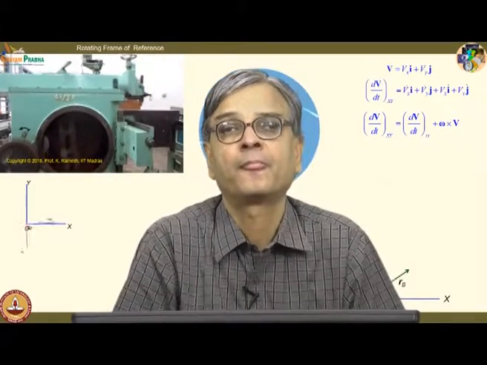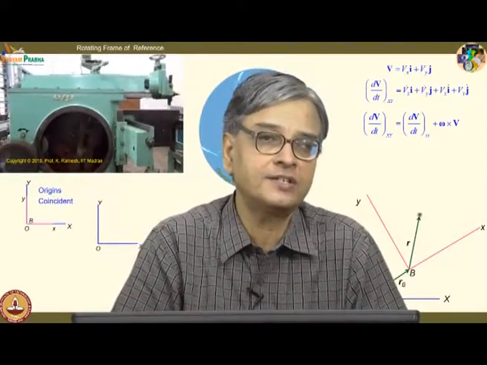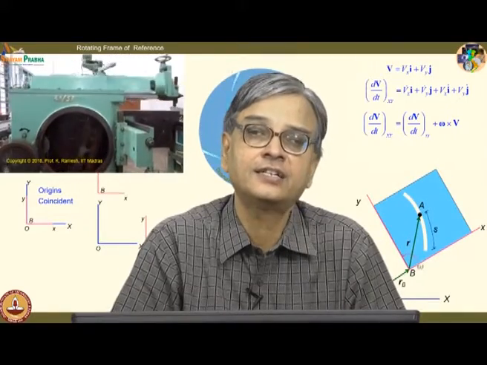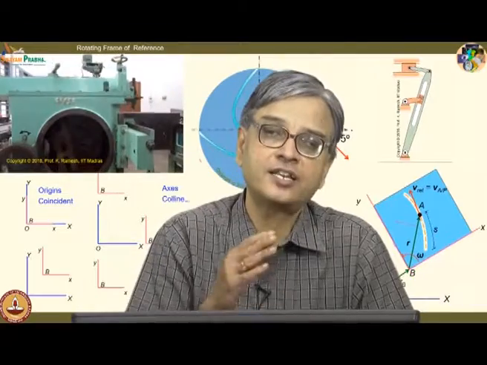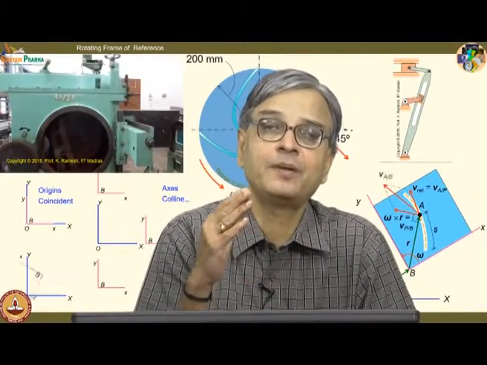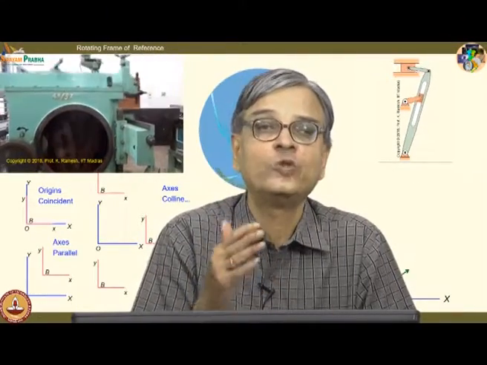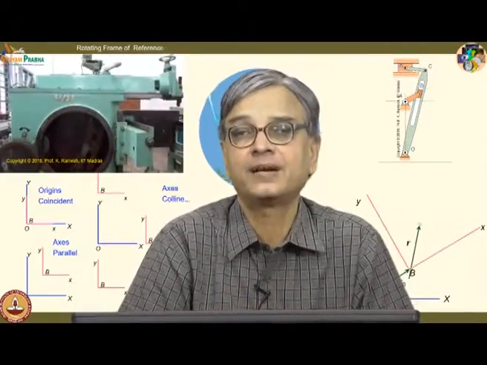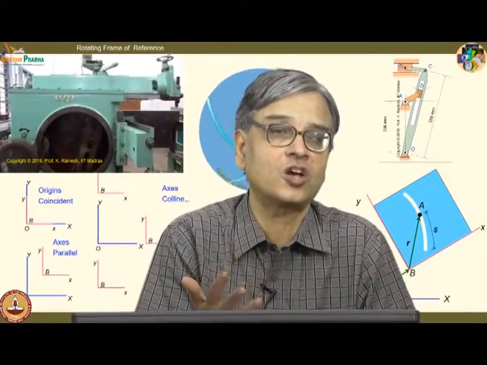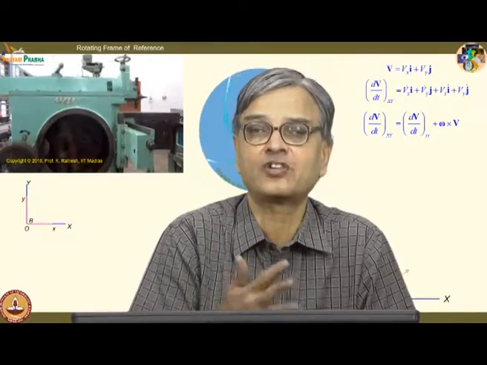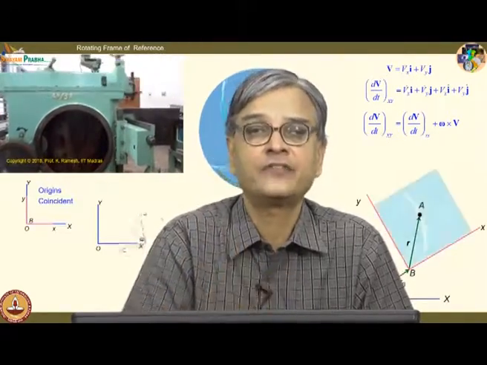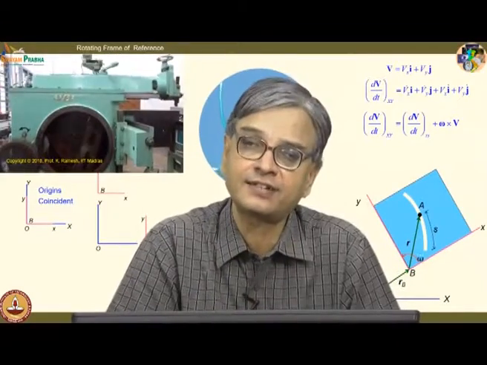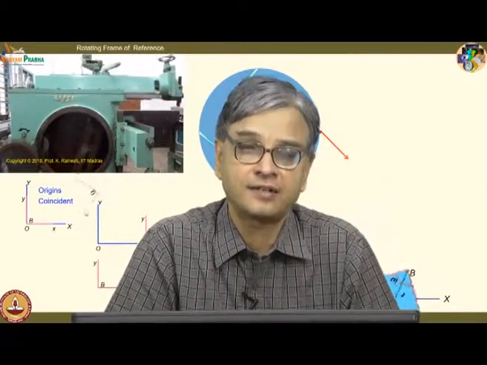So, in this class we have reviewed how we determine the velocity and acceleration when I have a rotating frame of reference. A person sitting on a rotating frame will be able to find out VRL and ARL comfortably, but he misses out omega cross R, in a generic fashion omega cross V, and that is used when you want to differentiate the velocity expression to get the acceleration systematically.